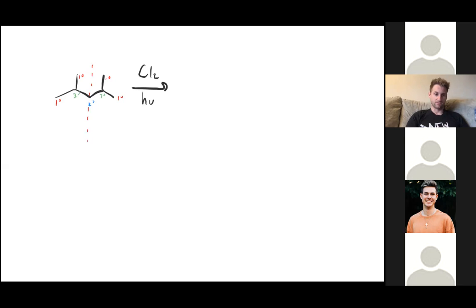There's a nice plane of symmetry here. So because of that, these two CH3s are going to be symmetrical. We're going to be able to count them the same. And then these two CHs are going to be able to count the same.